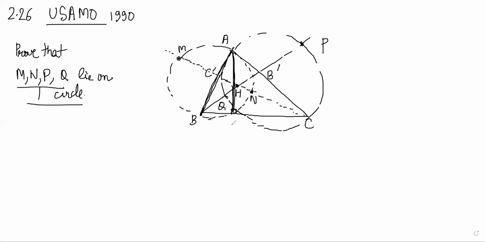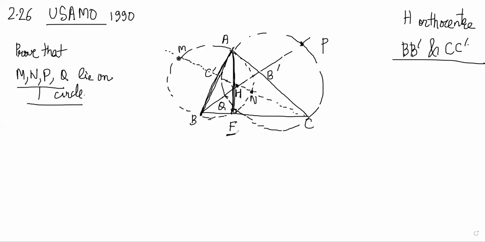And this point H is the orthocenter, the intersection point of BB' and CC', right? So what I'm saying is, if the foot of the perpendicular is F, we can say in a guaranteed way that F lies on the first circle.